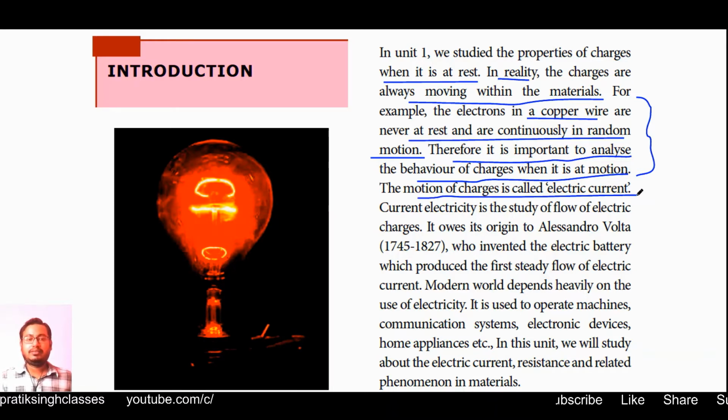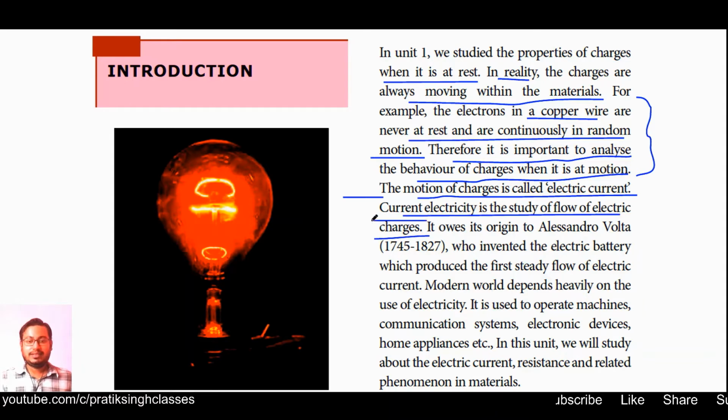Whenever something flows, we call it current. In a river, when water flows in a particular direction, we say water current or river current. Likewise, whenever charges flow in a particular direction, we say it is electric current. Current electricity is thus a study of flow of electric charges.